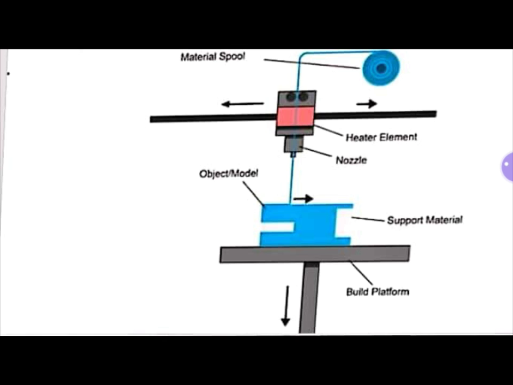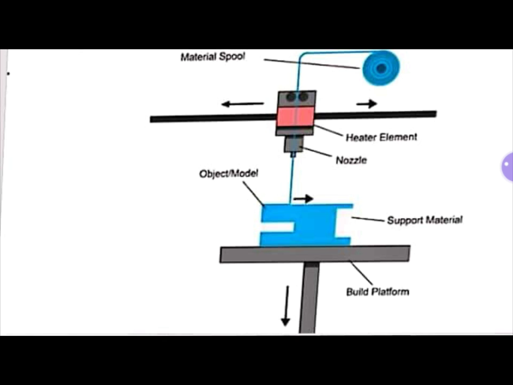The principle of this is that the solid material from the material spool is going to be drawn with the help of rollers. You can see the rollers, that is two rollers which are present in this particular element.